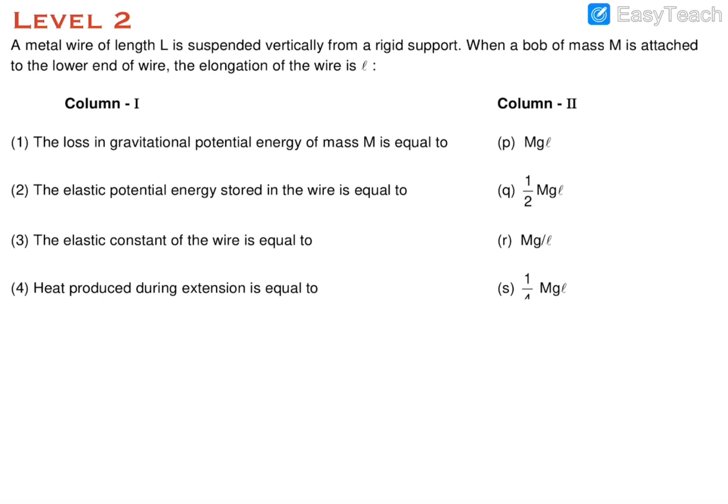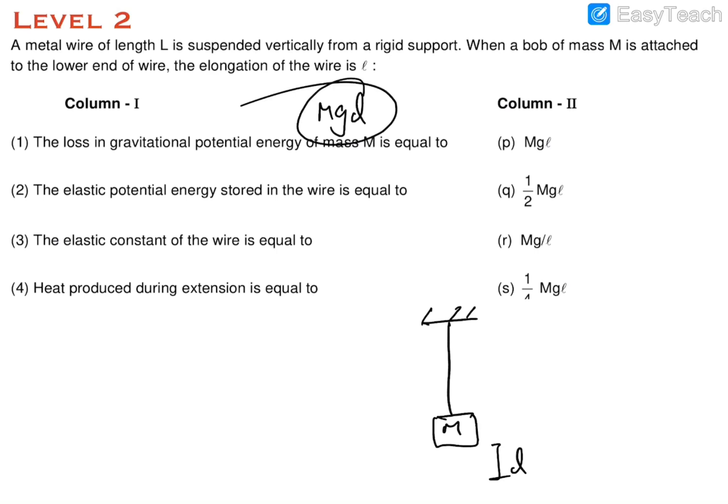Therefore, the mass m, which is suspended from the wire, has moved down by a distance of L. Therefore, the loss in gravitational potential energy of m will be mgL, and therefore the correct option for the first one is P. Now the second option says the elastic potential energy stored in the wire.